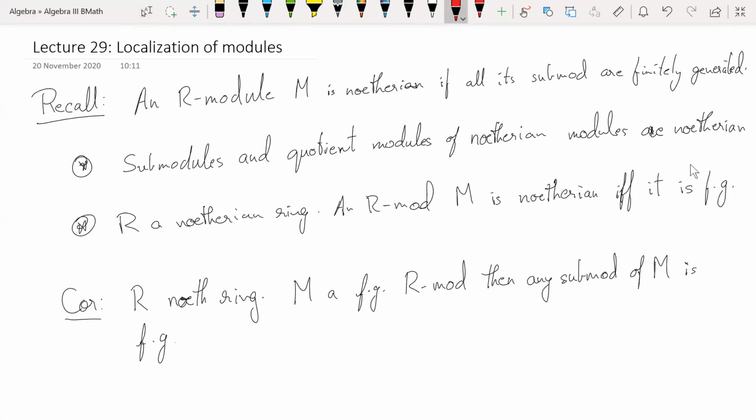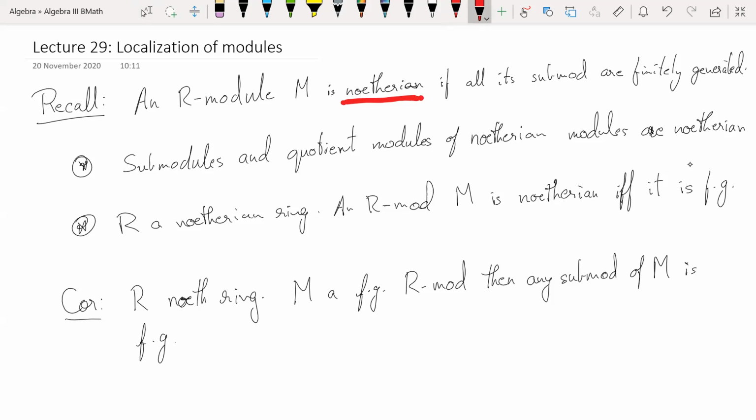There were three equivalent definitions, but one of them was that all its submodules should be finitely generated. And then we observed that submodules of a Noetherian module and quotient modules of a Noetherian module are also Noetherian.